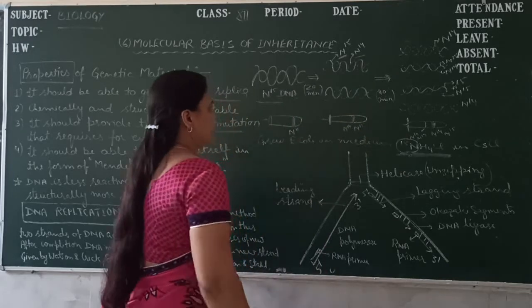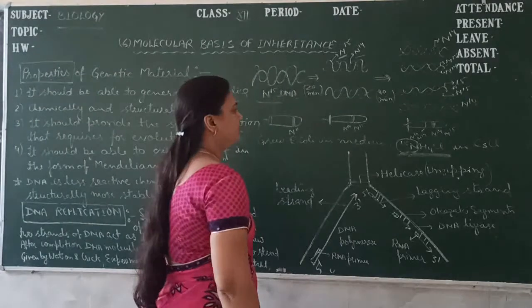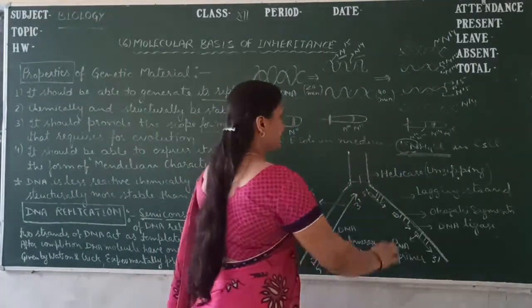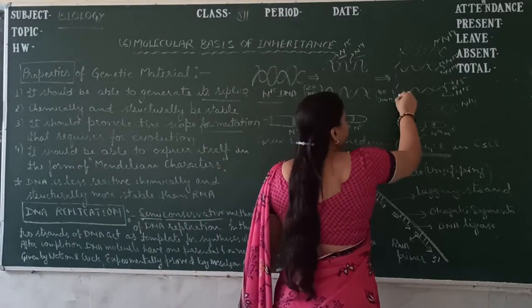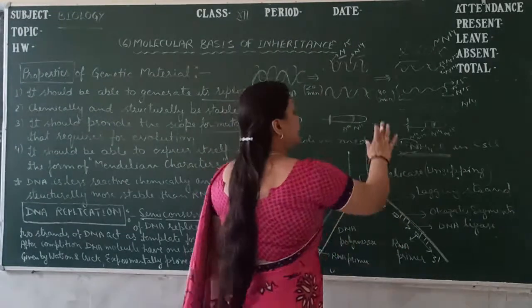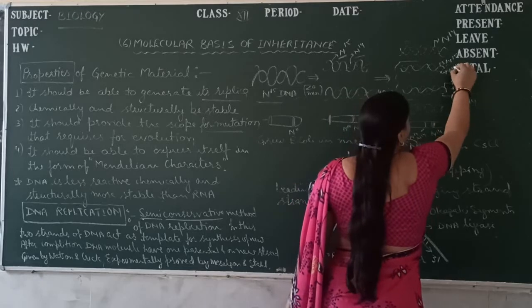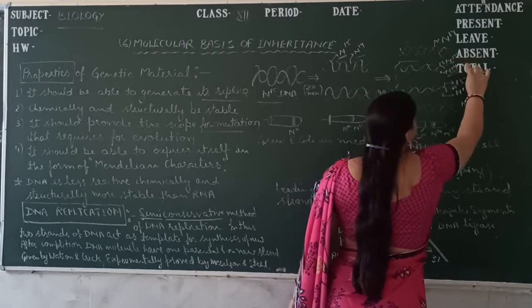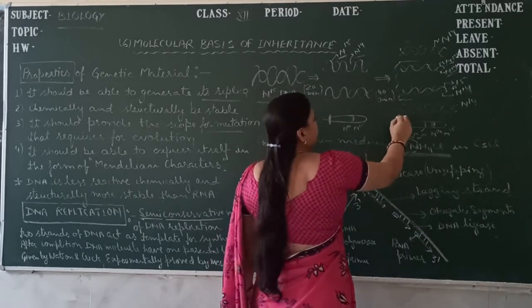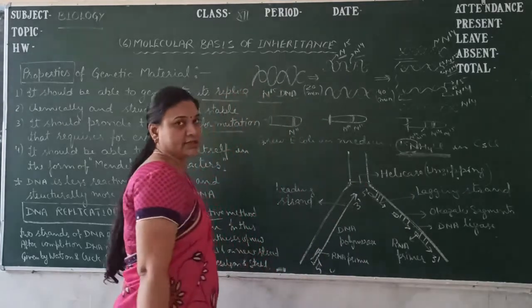Then again he grew the same E. coli on the N14 ammonium chloride medium. He produced two types of DNAs. One type contains one strand N14 and one strand N15, and half of the DNAs contain only N14.